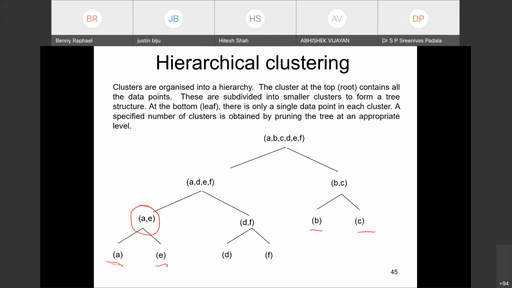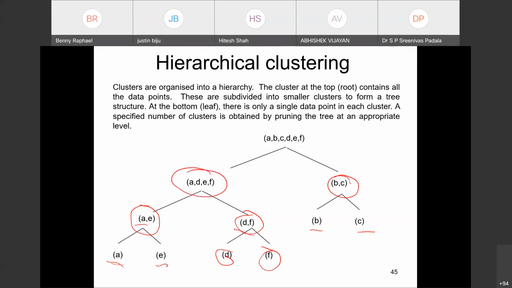Again, you calculate the distance and find out which are close by. So probably the next time D and F are found to be similar. So you merge them together into another cluster. So we have one new cluster, and maybe next time B and C are merged together. So you get one cluster here. Now again, you calculate the distance between clusters. Maybe you find that these two clusters are most similar.